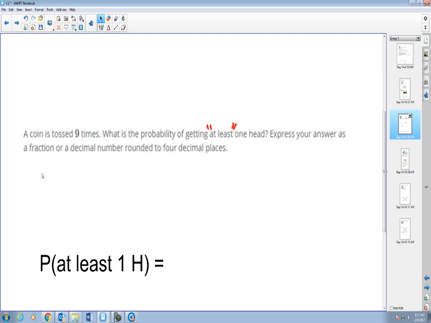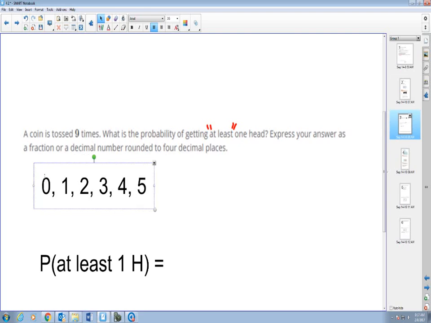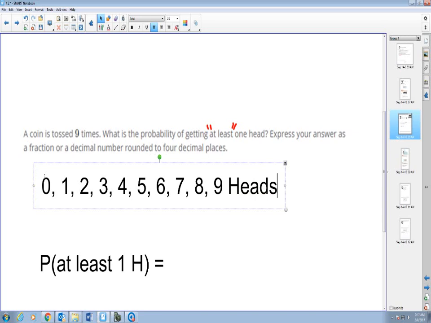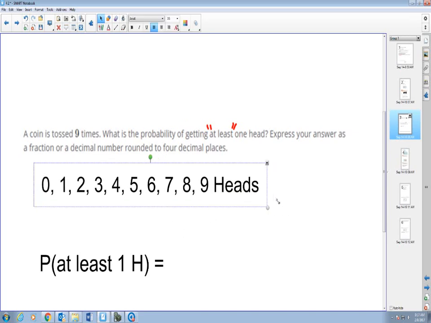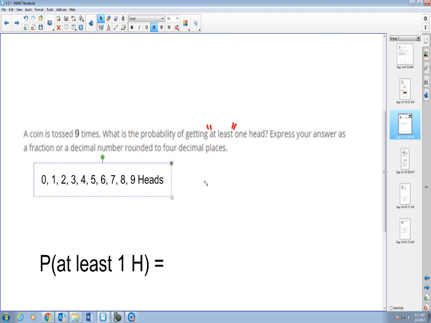I can get none of them heads, just 1 head, 2 heads, 3 heads with the other 6 tails, 4 heads with the other 5 tails, 5 heads, 6 heads, 7 heads, 8 heads, or all 9 of them heads. This is my possible outcomes, my possible scenarios.